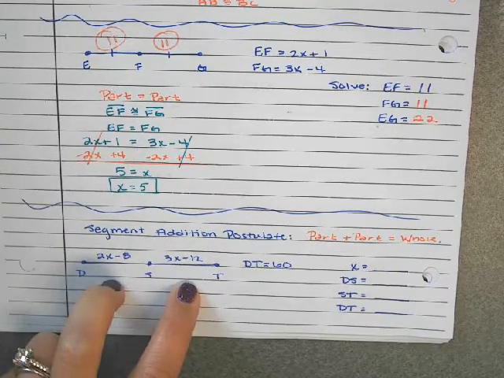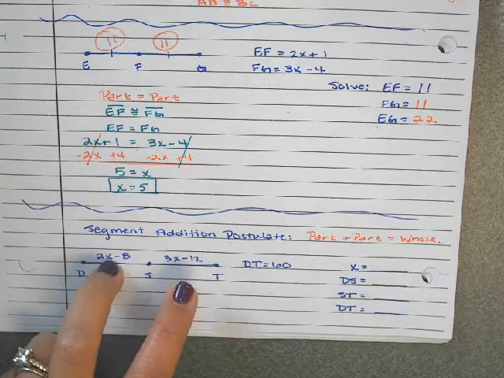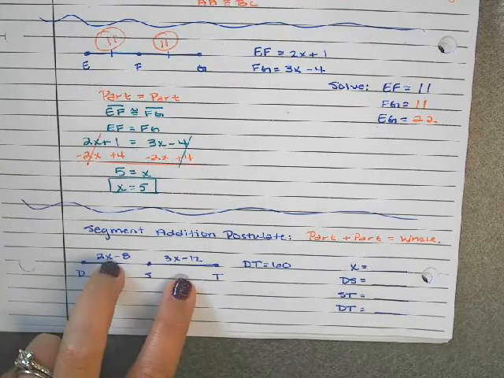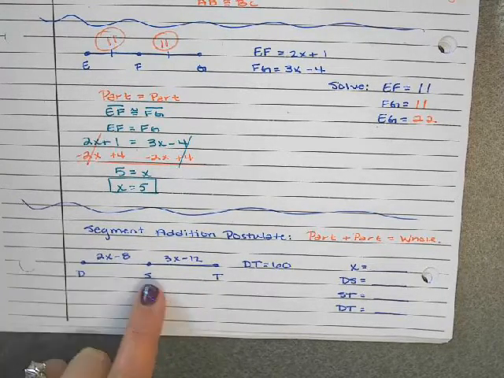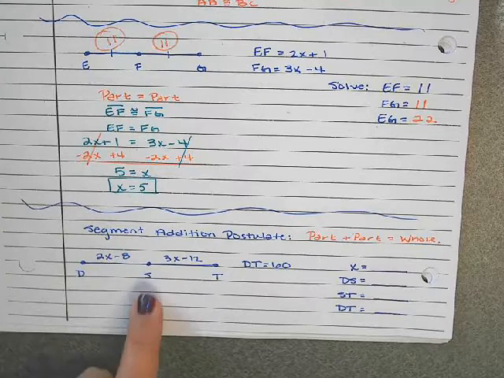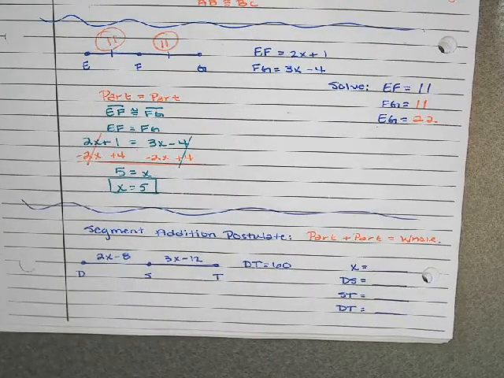This one does not have congruent marks, so in your head you have to think one of them is going to be bigger than the other one. I don't know which one. It could be off by 1. It could be off by 100. I have no idea at this point in time, okay? But we cannot assume that S is in the middle because I don't have congruent marks and nowhere does it tell me that they are the same.